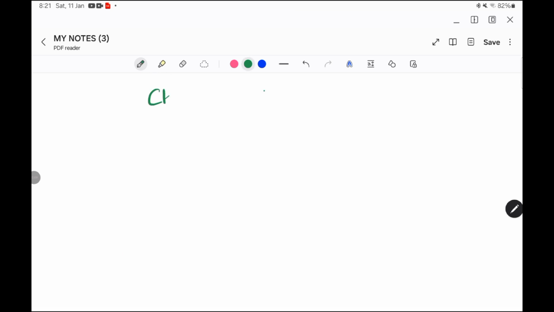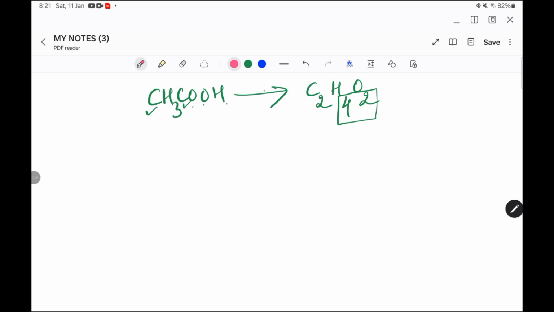If we see acetic acid, it is CH3COOH. How many carbons do you have? You have 2 carbons. How many hydrogens? There are 4 hydrogens. How many oxygens? 2 oxygens. So you see these two numbers, 4 and 2, and you can divide them by a common factor, let's say 2.